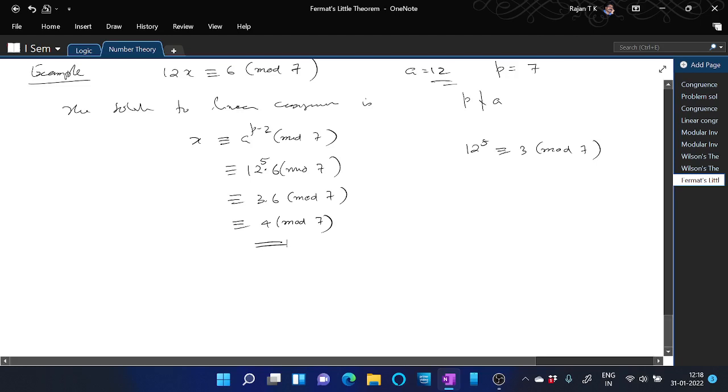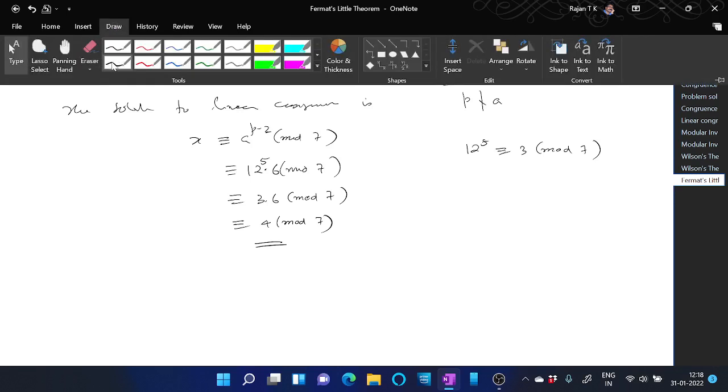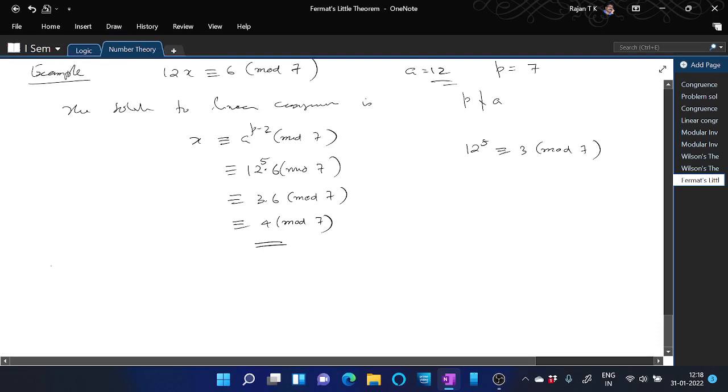Now let us take another example of solving linear congruence by using Fermat's little theorem. Solve the congruence 24x congruent to 11 mod 17.